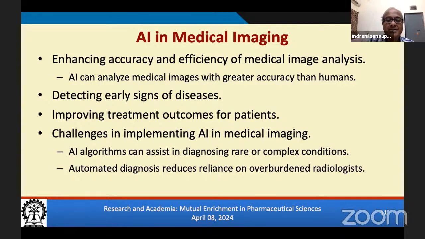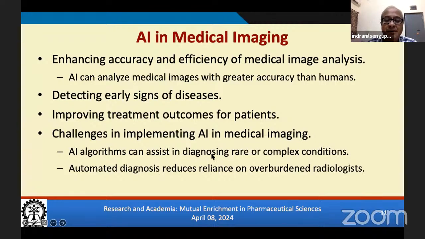All right. Now, having AI in medical imaging, of course, there are challenges, like the AI algorithms that can assist in diagnosis are not easy to build. Only very recently, such useful algorithms are starting to get commercialized and made available. But earlier, they were used only as a supplement.